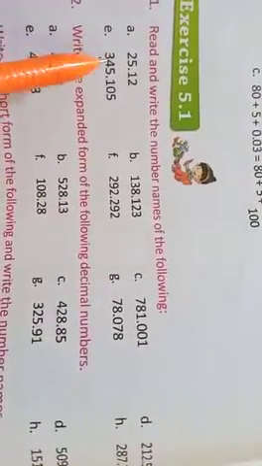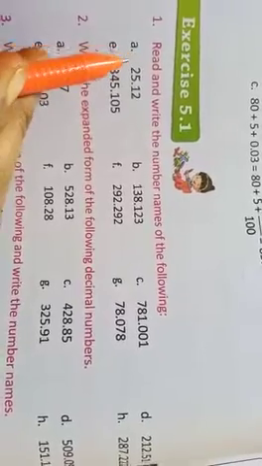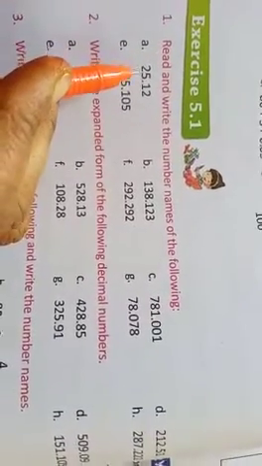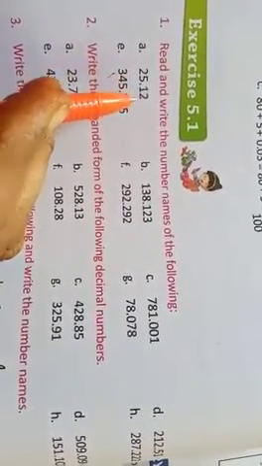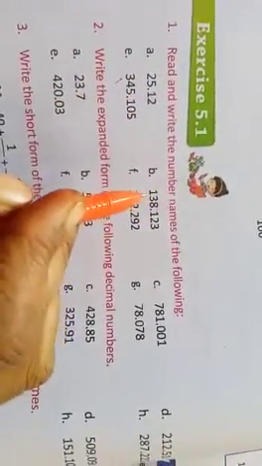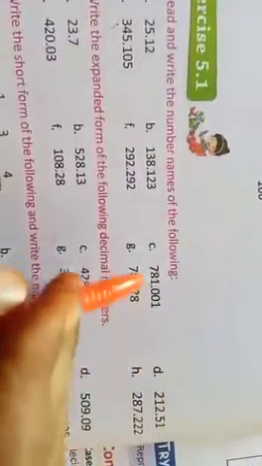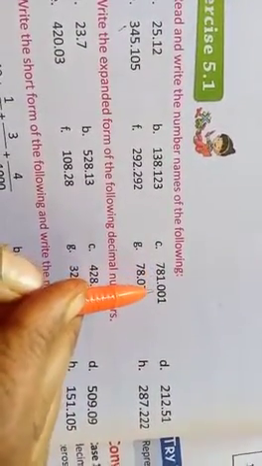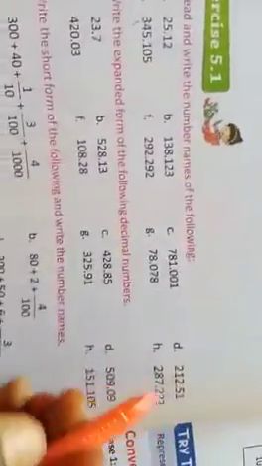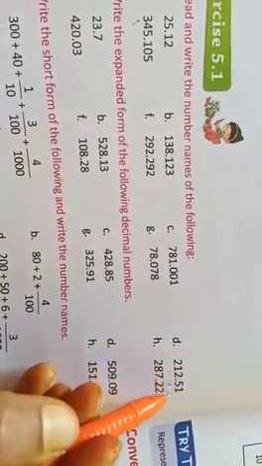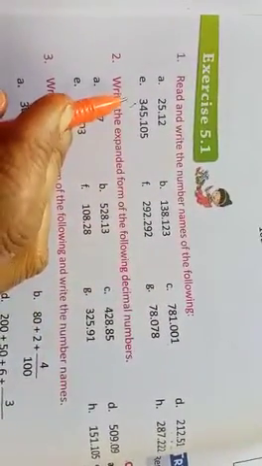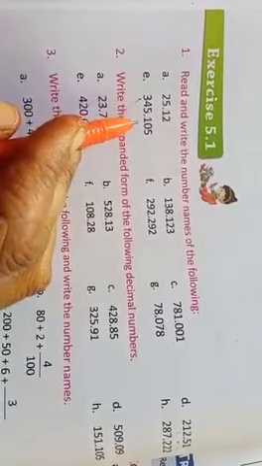Now in our textbook, read and write the number names of the following. Now I have given you one example, right? This is from exercise 5.1. This is 25.12, 138.123, 781.001, 212.51, 345.105.